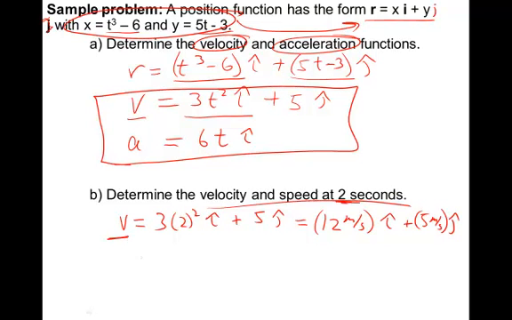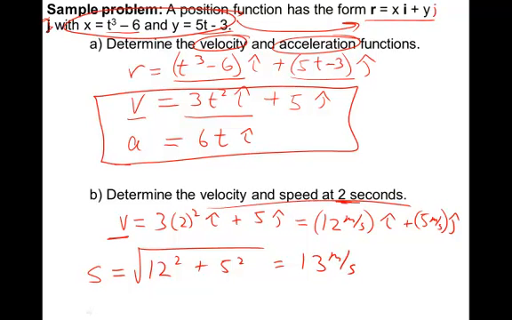How are we going to find speed? Well, speed is the magnitude. So to find the magnitude, just like before, we're going to put that into our Pythagorean theorem. 12 squared plus 5 squared, square rooted, is equal to about 13 meters per second.